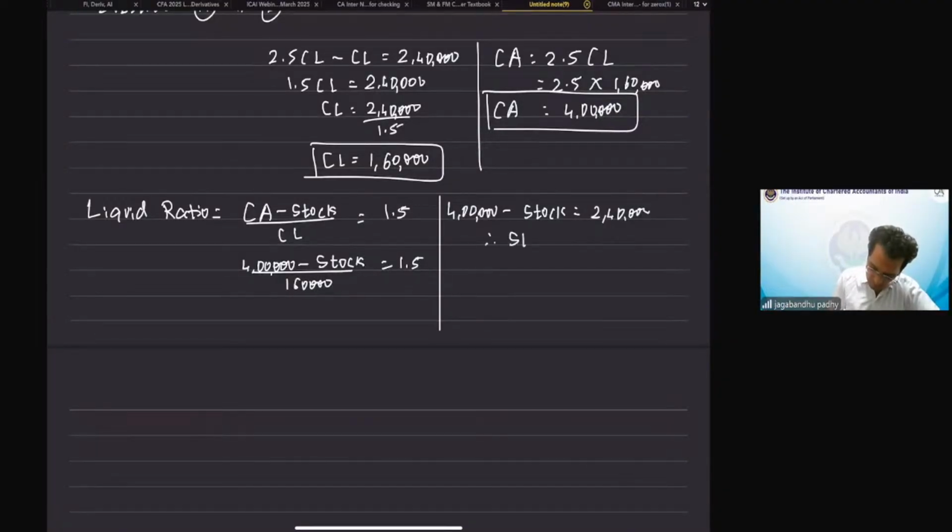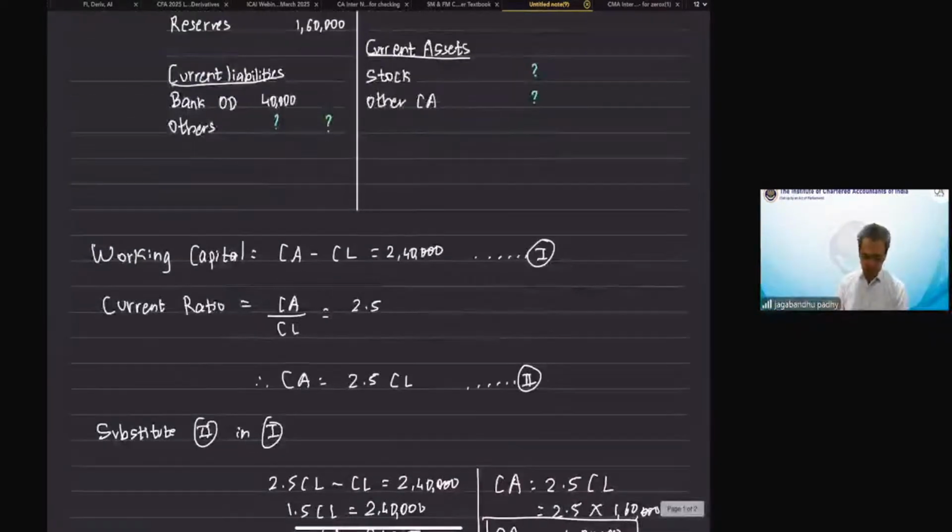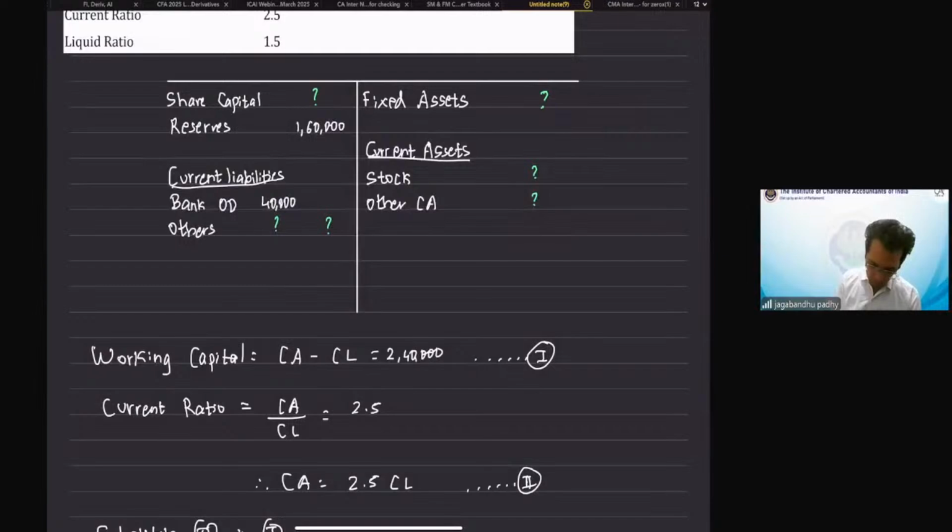So therefore, what will be the value of the stock? 1 lakh 60,000, right? So we got the value of the stock. So let me just fill up this balance sheet one by one.